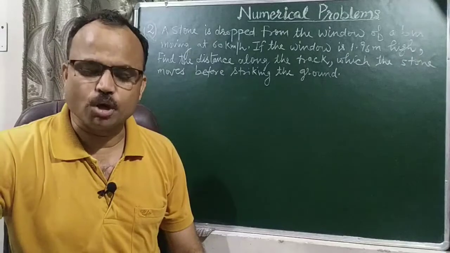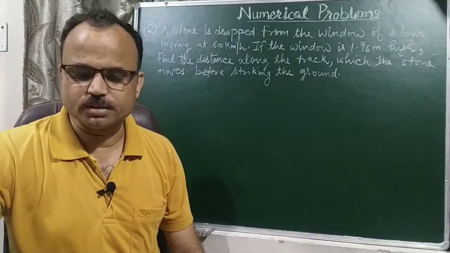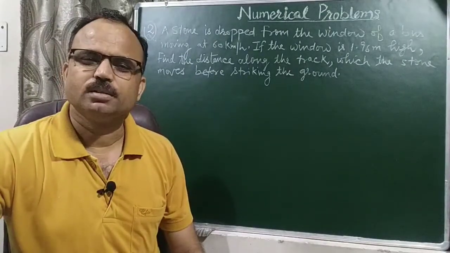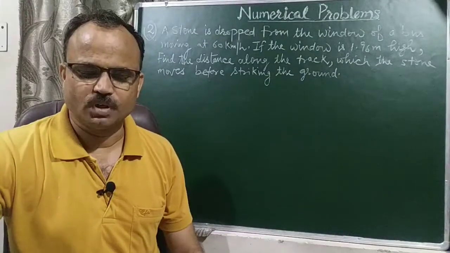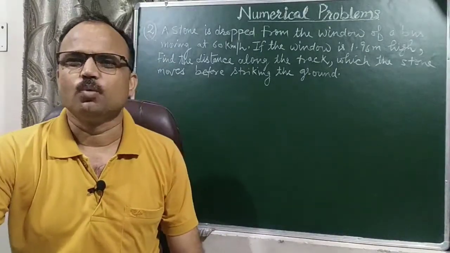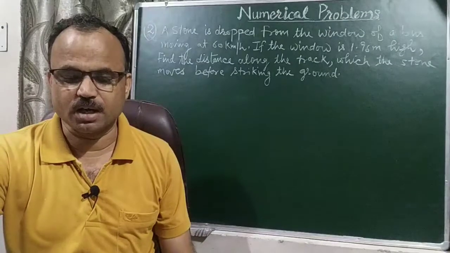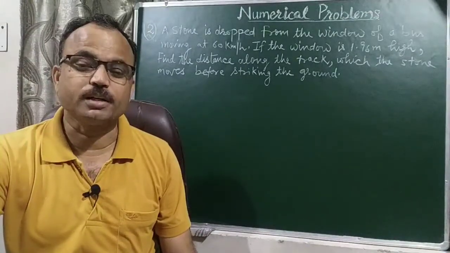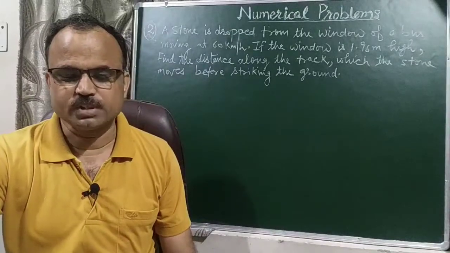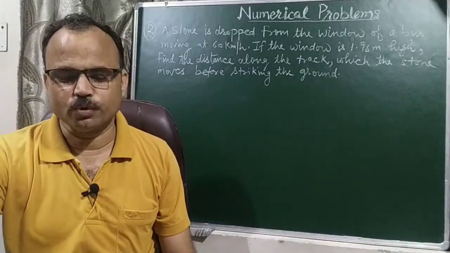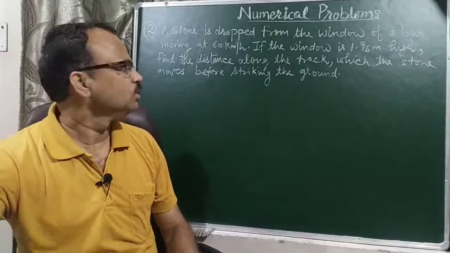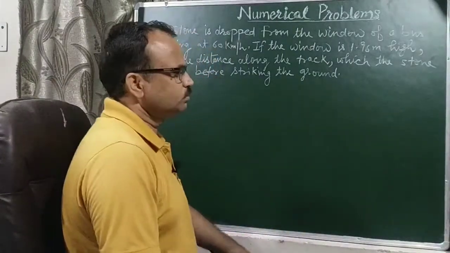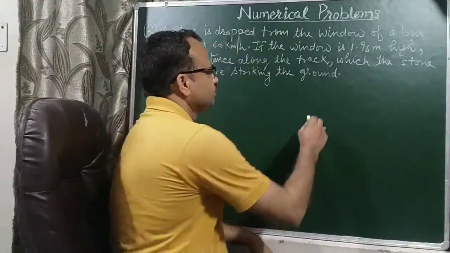A stone is dropped from the window of a bus moving at 60 km per hour. If the window is 1.96 meters high, find the distance along the track which the stone moved before striking the ground. So now try to understand the situation.